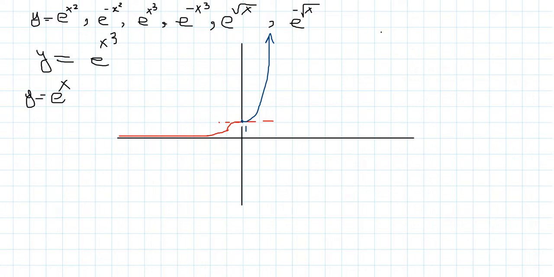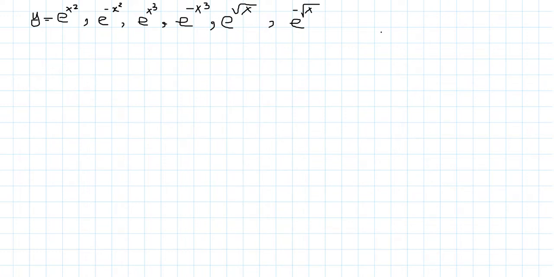Easily we can draw. Only need to remember how to draw the e powered by x cubed. After that, by adding number and minus number you can shift it. Okay, let's erase it. Go to the next example.